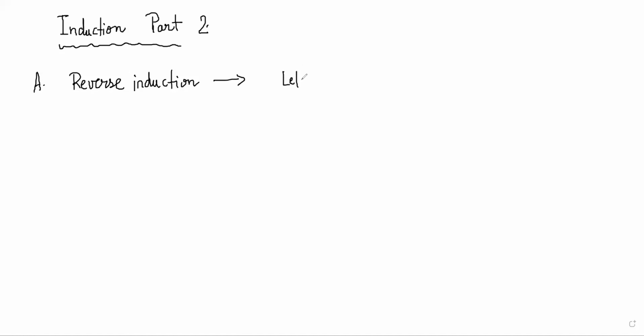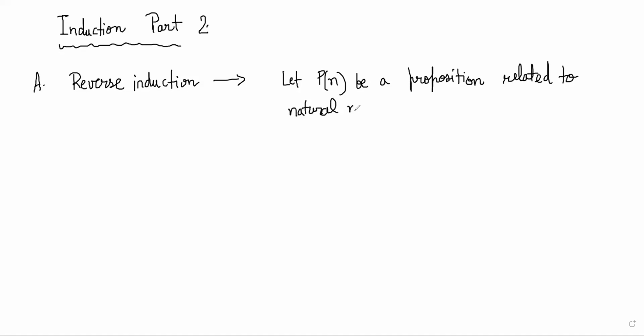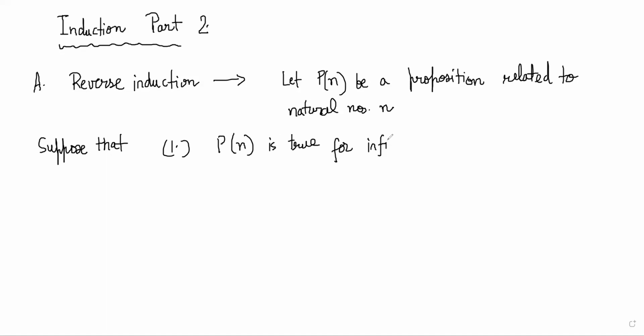So what is this? Basically, this says that let P of n be a proposition related to natural numbers n, and we suppose that first of all P of n is true for infinitely many natural numbers n.